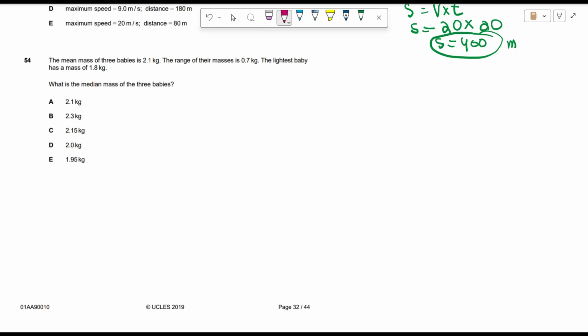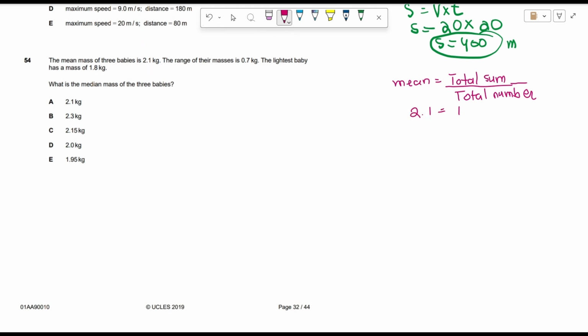So we know that the mean formula is total sum upon total number, right? This is the formula that we use to find the mean of 3 babies. So the mean is already given to us, which is 2.1, right?